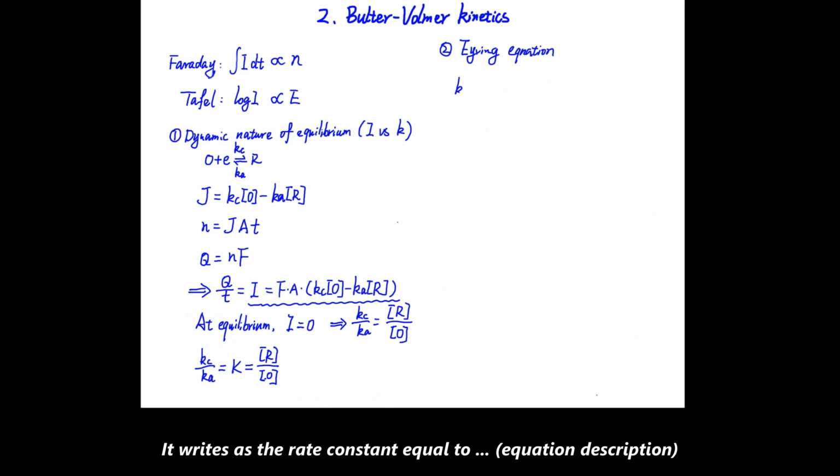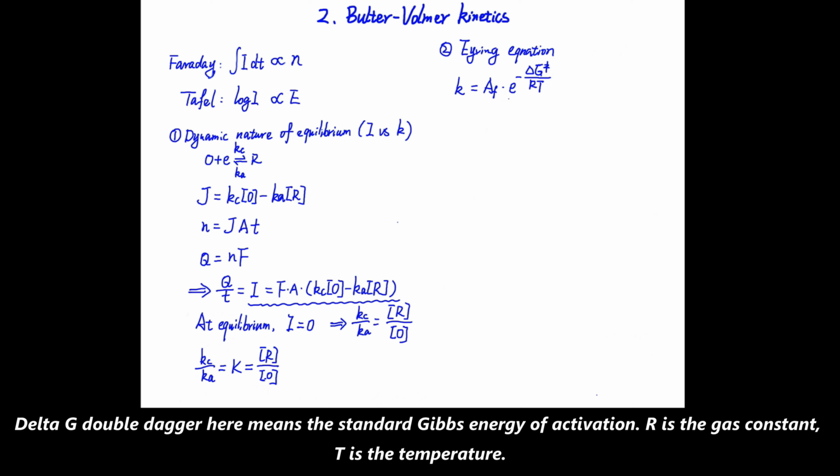And it is written as the rate constant equals A_F times e to the power of minus delta G double dagger divided by RT. Delta G double dagger here means the standard Gibbs energy of activation, R is the gas constant, T is the temperature.